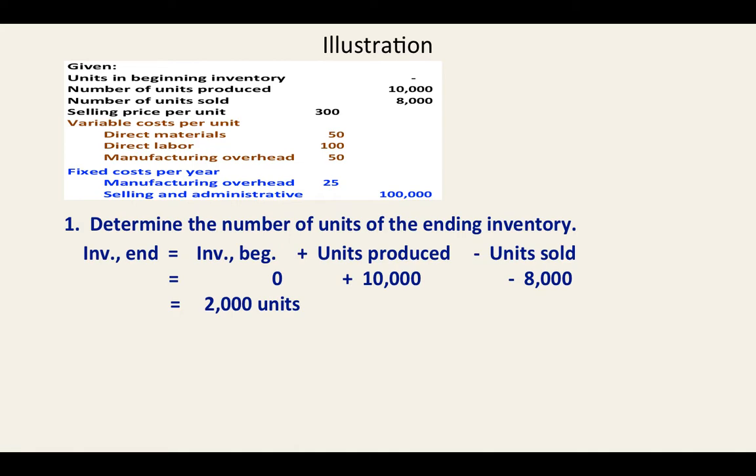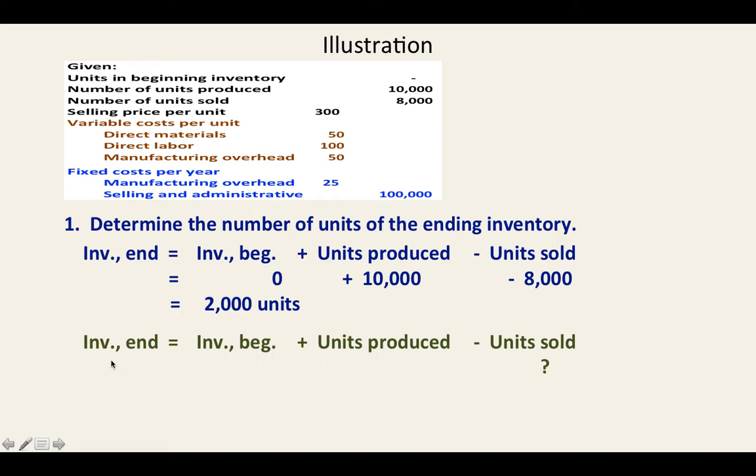Okay? Suppose that, if we will put this equation, ganito yon. Suppose that ang missing ay yung units sold. Kunyari, ang given is inventory end, inventory beginning, tsaka units produced. Ang wala is units sold. How are we going to modify the equation?